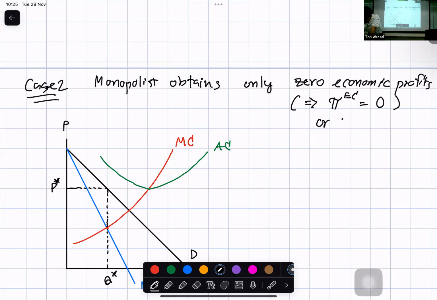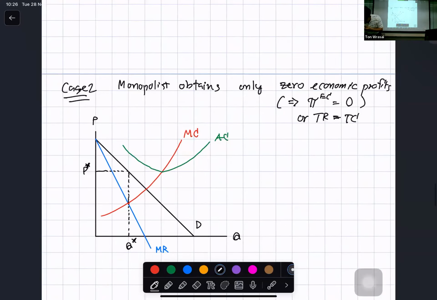Or behind the scene, we are saying that these monopolists generate just enough revenue to cover all expense, explicit cost, implicit cost. Okay. Then now you know the trick already.